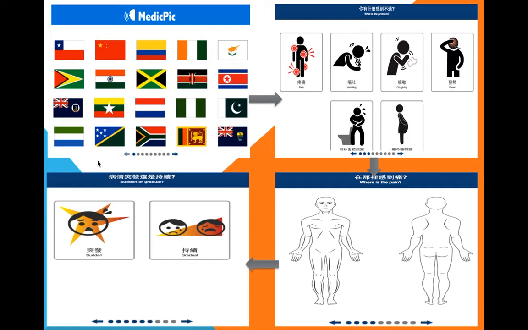And again, we have some visual cues to help the patient communicate to the doctor what the pain was like. And there are then about 20 further questions which follow the same format of text translation and also visual cues in order for the doctor to fully understand what problems the patient is having.